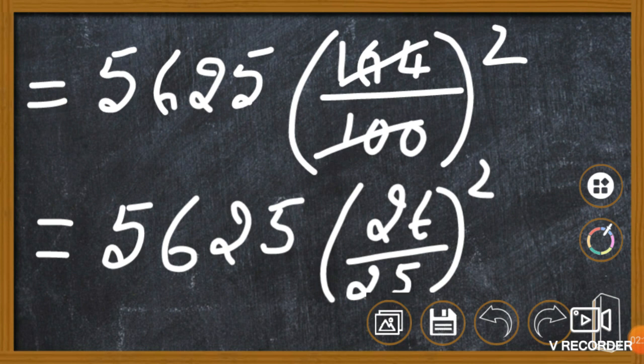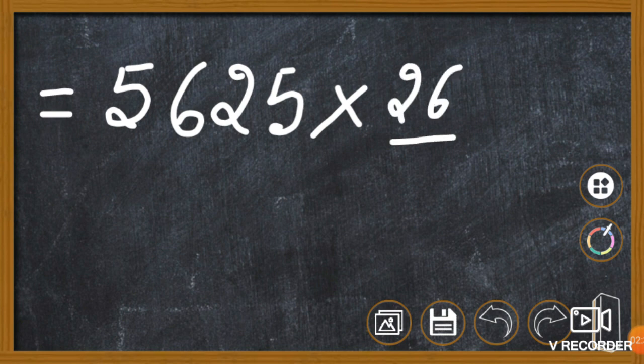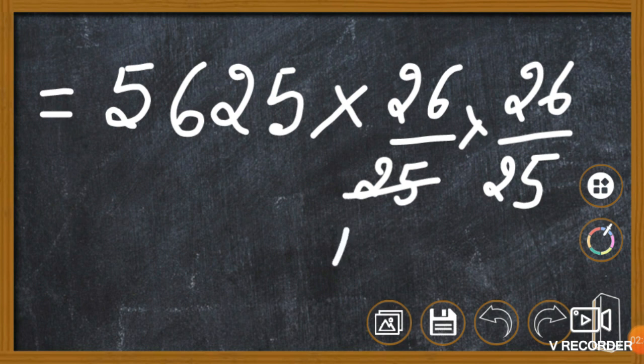Let us move on to the next step. Expand 5625 into 26 by 25 into 26 by 25. Now here we can divide 5625 by 25. 25 ones are 25, 2 25s are.